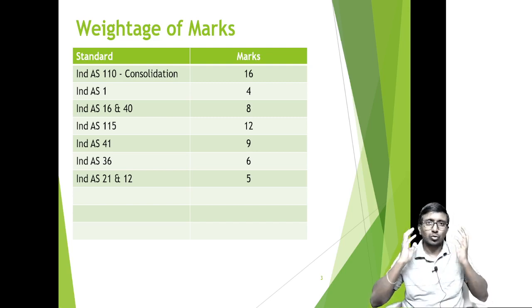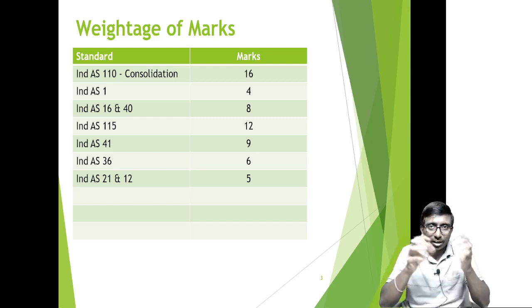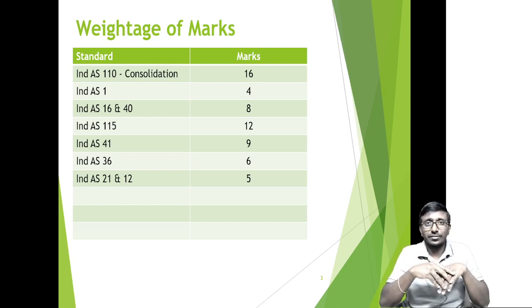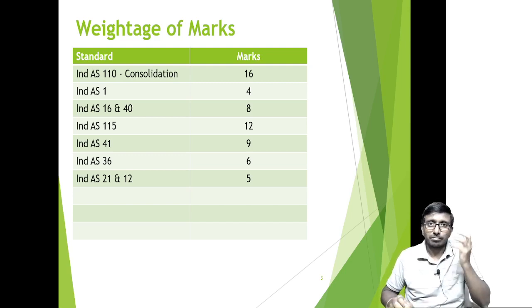A student who has practiced it and has an idea about the linkage of these three standards, I don't think will find it difficult. Maybe a few students must face some problem because of lack of understanding or knowledge.